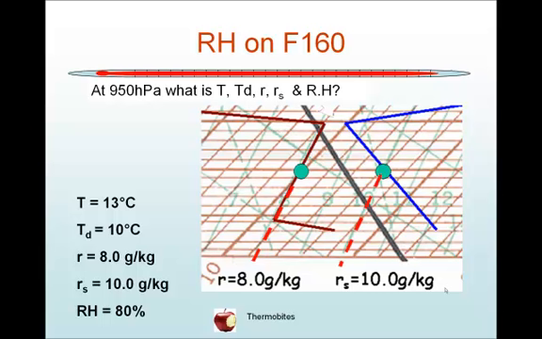So from the dew point profile, the temperature of 10 degrees Celsius, we go down the nearest isopleth. As it turns out, it's 8 grams per kilogram. And likewise for the temperature, 13 degrees Celsius at that given pressure corresponds nicely to the 10 grams per kilogram isopleth. And so R on RS is 0.8, and multiplied by 100 gives you 80% relative humidity for that case.